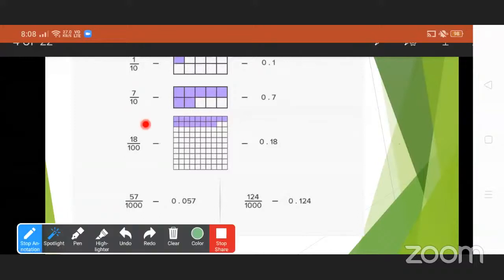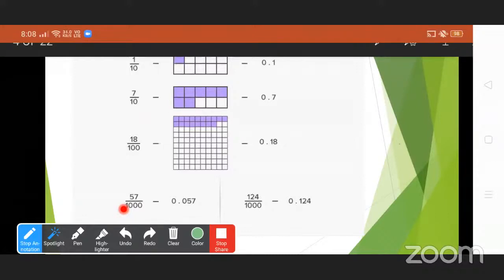57/1000. So what is the decimal form of that fraction? 0.57. No, we will read like this: 0.057. After the decimal point, we read single numbers, not combined.